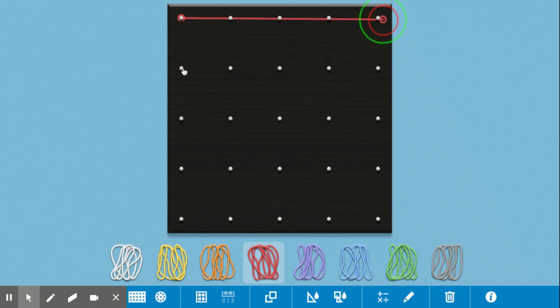This side length at the top is equal to one whole. That means that this side length on the side is also one whole. We're going to ask you to build a square on this grid that's 1/2 in length and 1/2 in width.